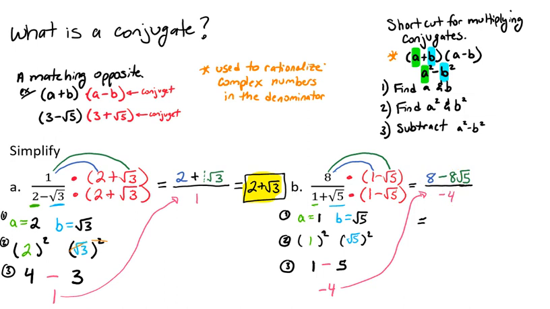So negative 4 will go into 8 negative 2 times, and negative 4 goes into 8 positive 2 times, and negative 4 goes into itself 1 time. And so that is going to leave me with a final answer of negative 2 plus 2 radical 5. And that is going to be our final answer.